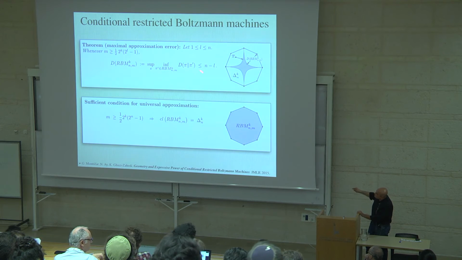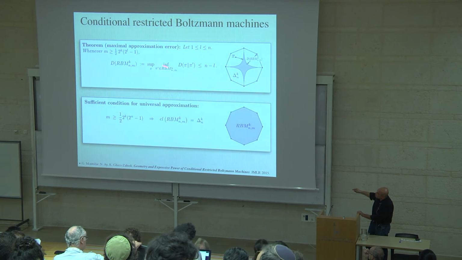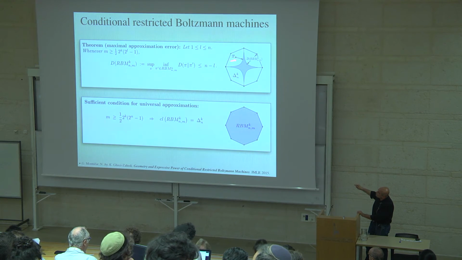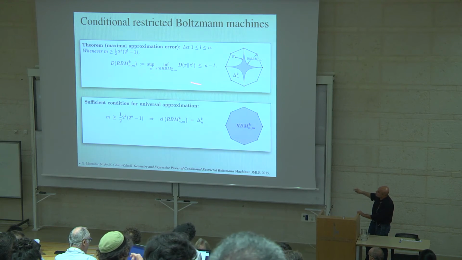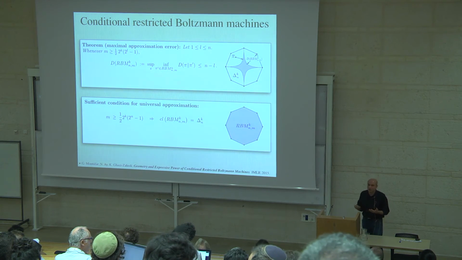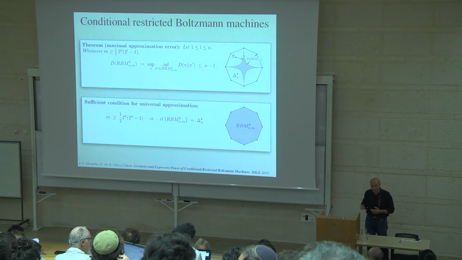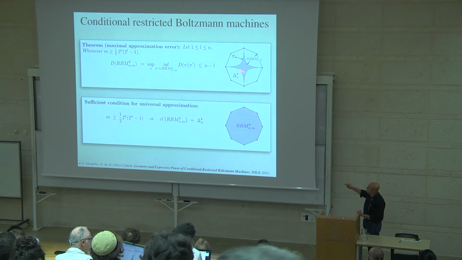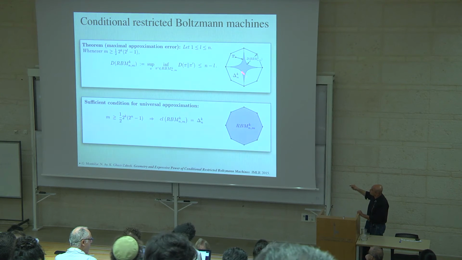The distance is taken with respect to the Kullback-Leibler divergence. Then you consider the worst case situation. You take the supremum over all such policies, and this gives you the worst case distance of approximation in terms of this geometric object, the conditional restricted Boltzmann machine.